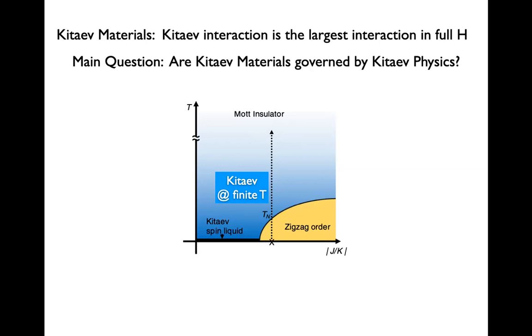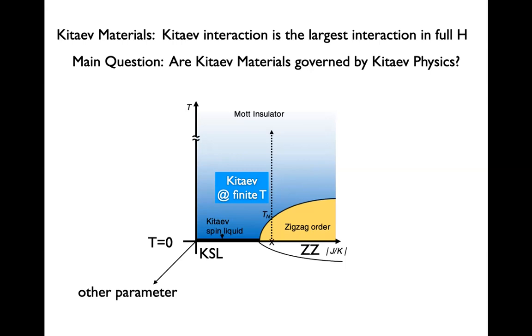Here's my material: at low temperature it has the magnetic order. As you increase the temperature, we might have some kind of physics governed by the zero temperature Kitaev spin liquid. That's the kind of picture people have been using. I'm not the first one. But my question is that at T equals 0, we're not only seeing a zigzag order.